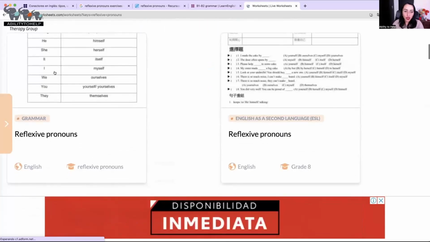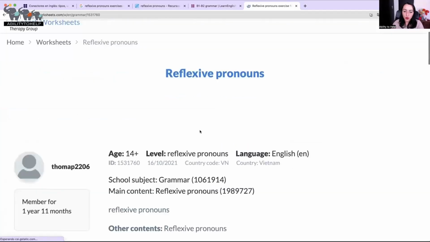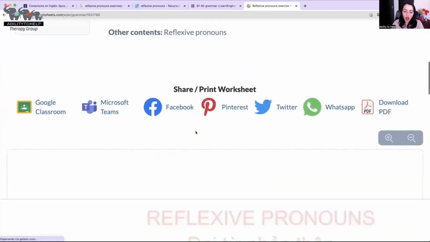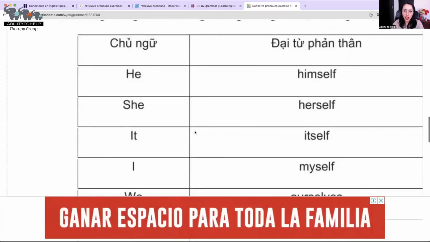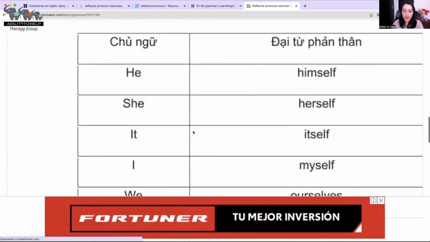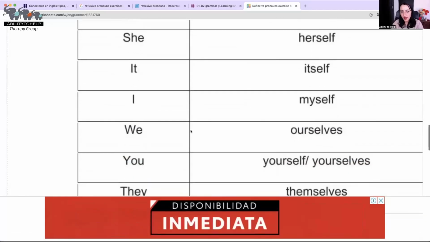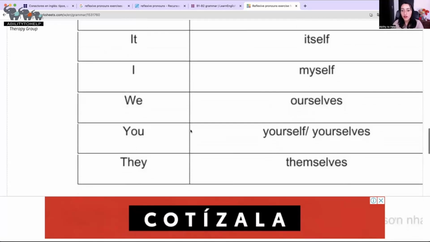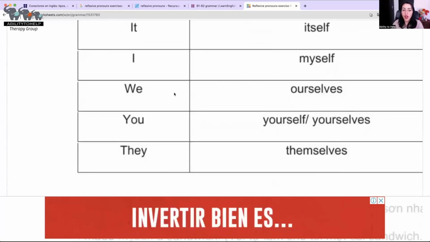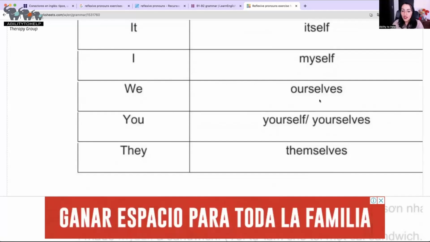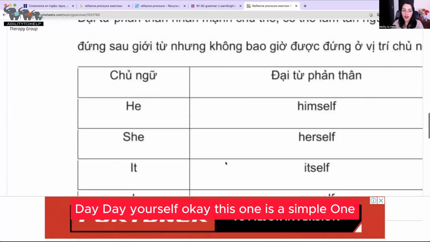You should practice. So I recommend click on each one of these exercises. He, himself. She, herself. It, itself. I, myself. When you talk about plural nouns, we, ourselves. You, yourselves. They, themselves.